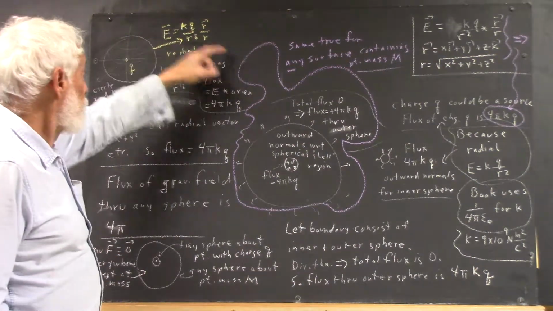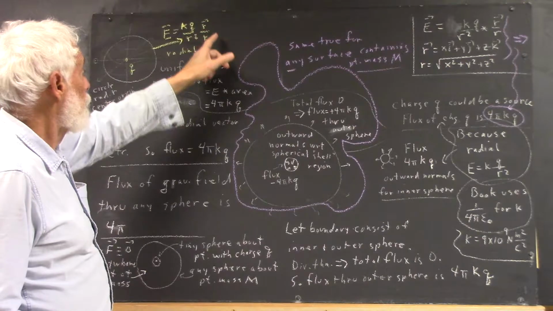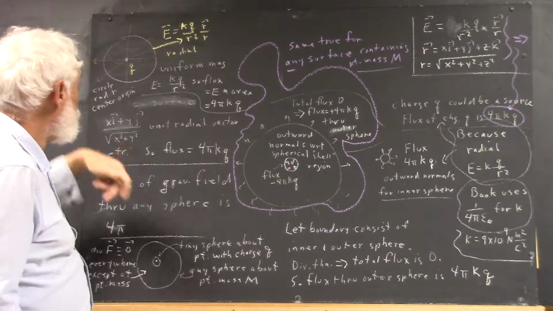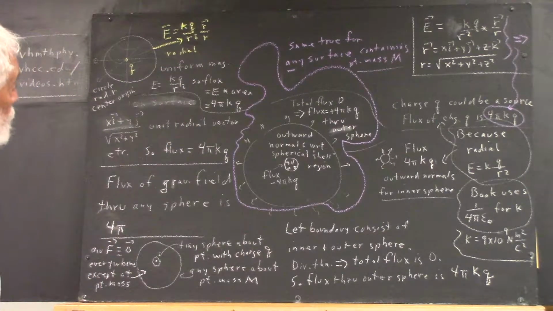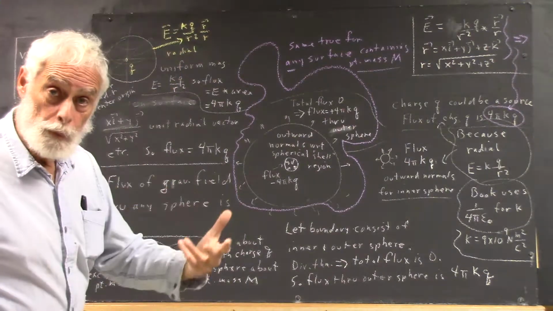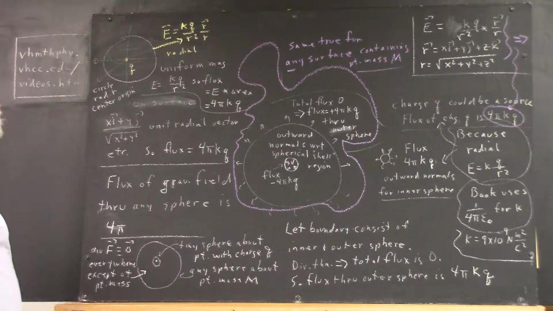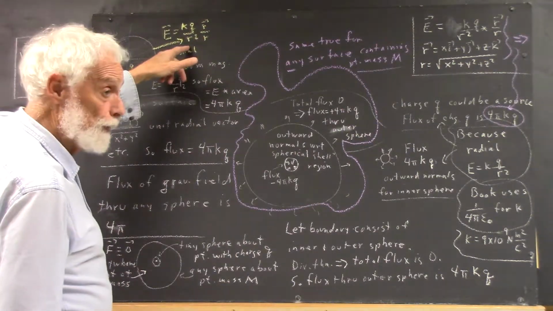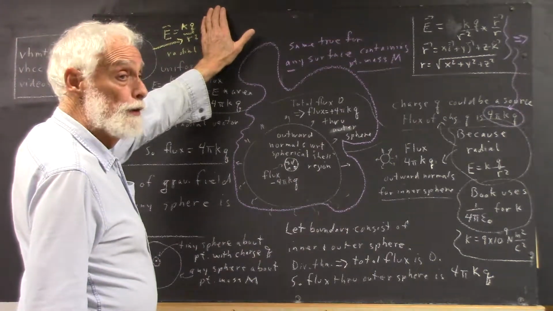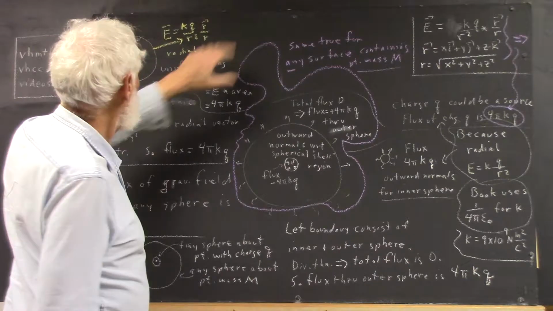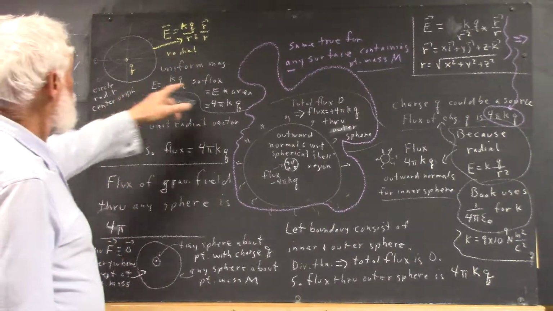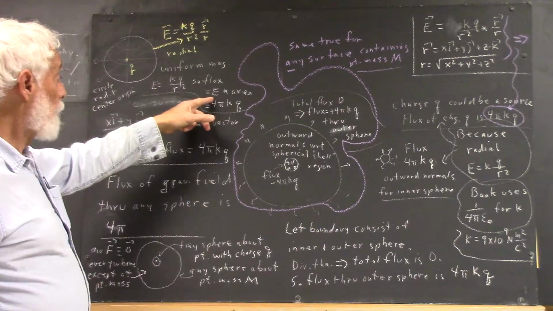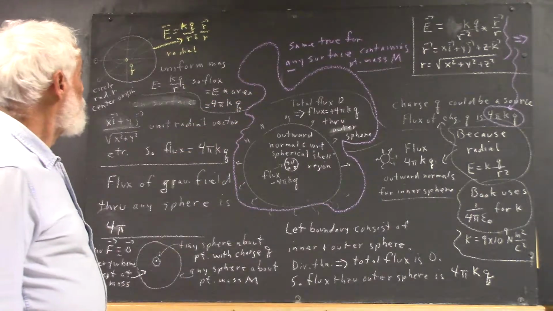Well, here's our electric field, kq over r squared times the r vector divided by r, where r is just a vector from the origin out to this point on the sphere, and it's radial, which means it's parallel to the outward normal, which means that since it has a uniform magnitude everywhere on the sphere, because everywhere on the sphere r is the same, and right there is the magnitude, kq over r squared, whatever r happens to be, that's it for the entire sphere, it follows that the flux is just equal to the magnitude of the electric field multiplied by the area, which is just what?